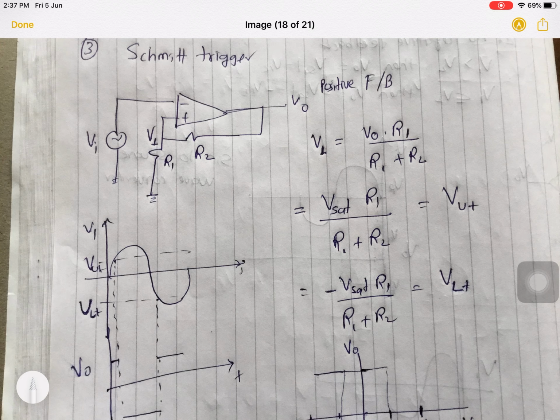So V1 will be VUT, and Vi is starting from 0. As long as Vi is less than VUT, the output will be VCC or Vsat.